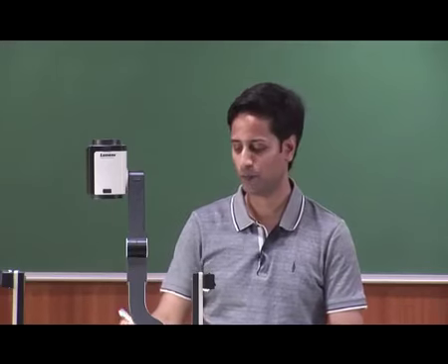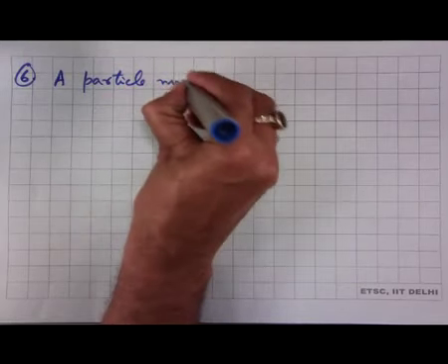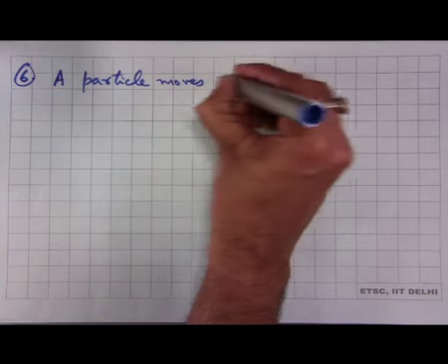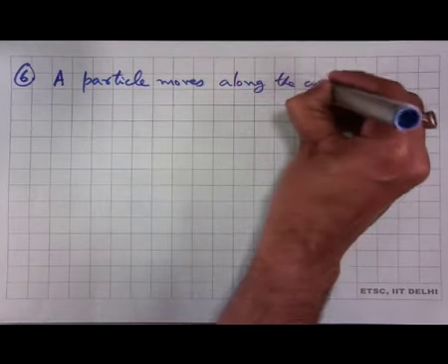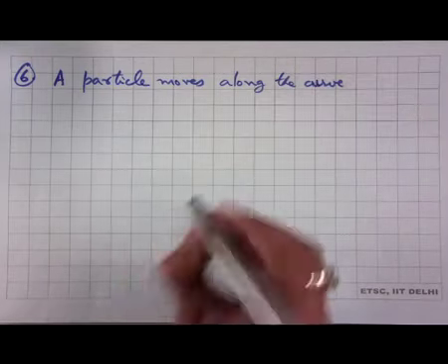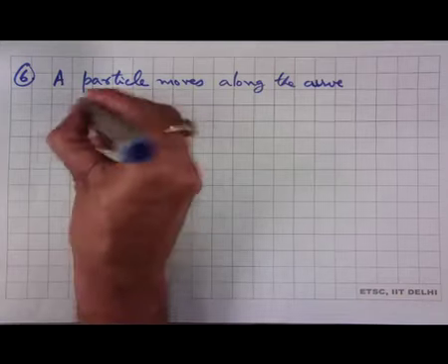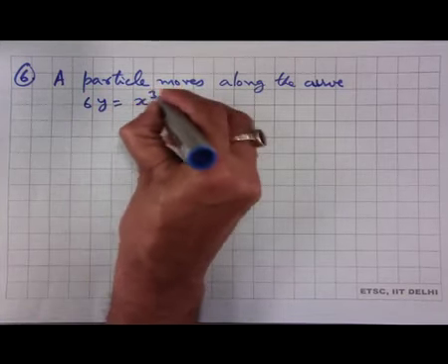Okay, let us look at another problem. Here we are given a particle that moves along the curve whose equation is given as 6y is equal to x cubed plus 2.